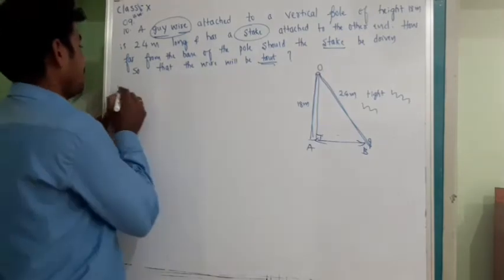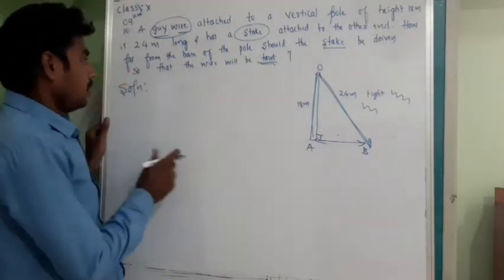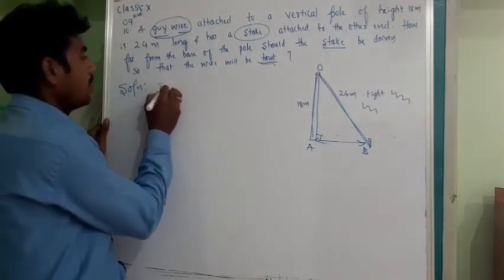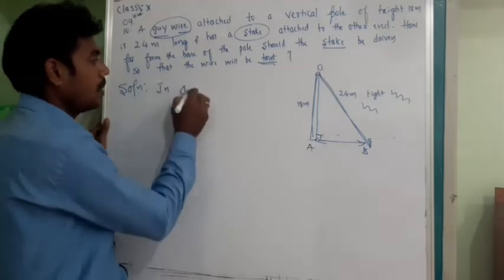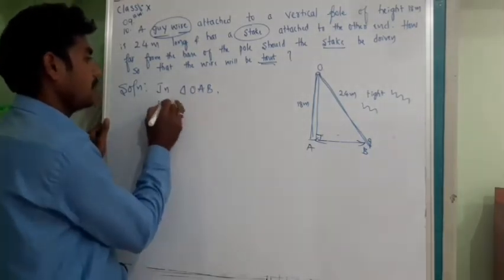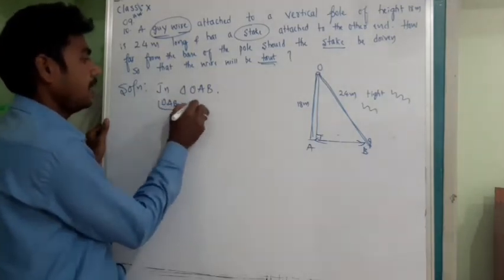Now in triangle OAB, angle OAB is equal to 90 degree.